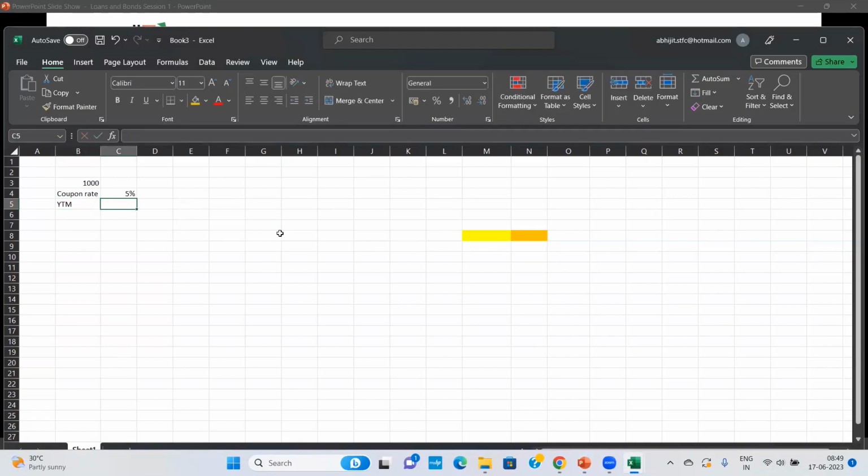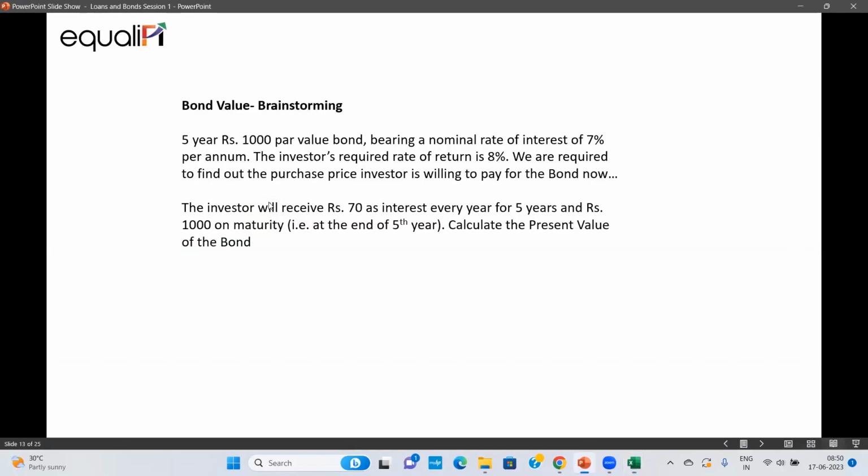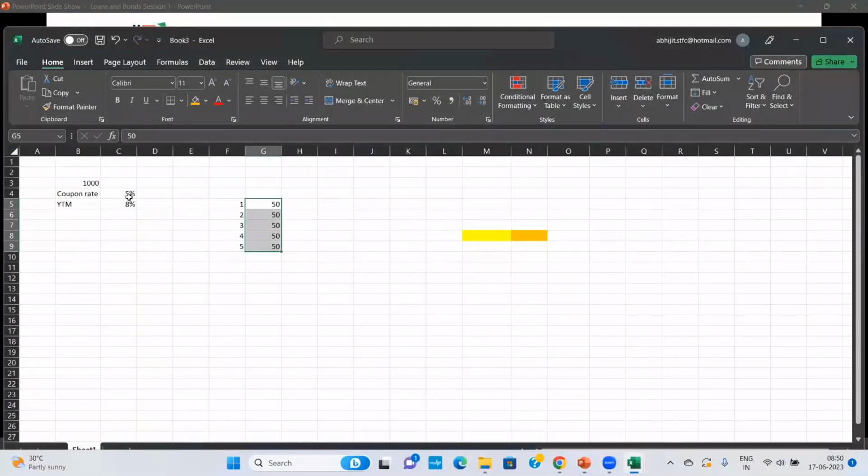So when you draw the cash flow, CF1, for 5 years, 1, 2, 3, 4, 5, what do I get? 50. It's 1000 or 10,000? 1000, right? No, coupon rate is 7%. Sorry. 7%. So it is 70.